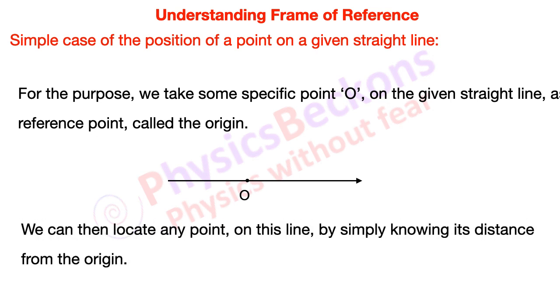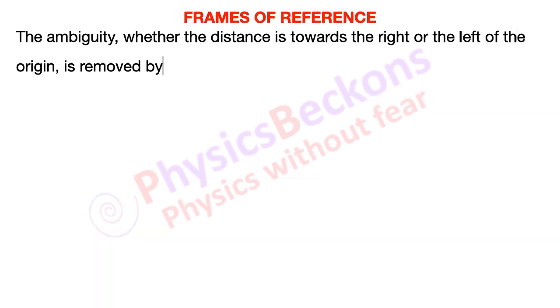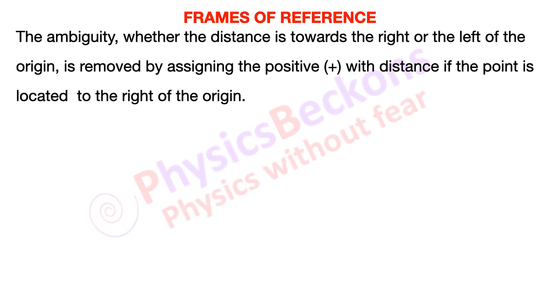We can then locate any point on this line by simply knowing its distance from the origin. The ambiguity whether the distances are towards right or left of origin is removed by assigning positive sign with distance if the point is located to the right of origin.